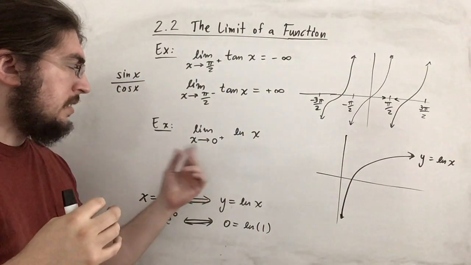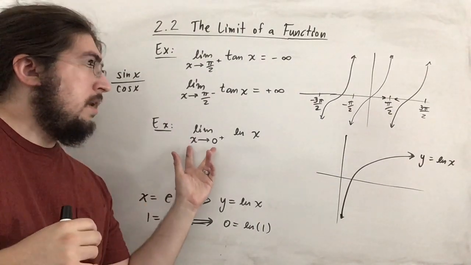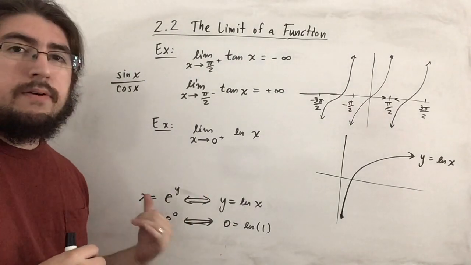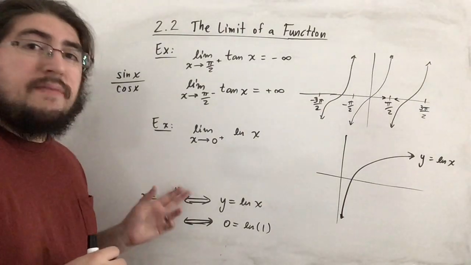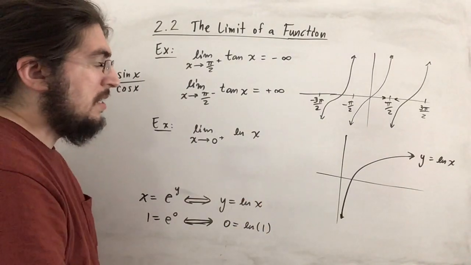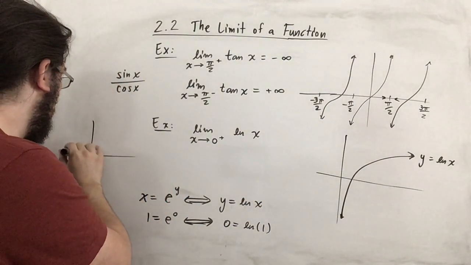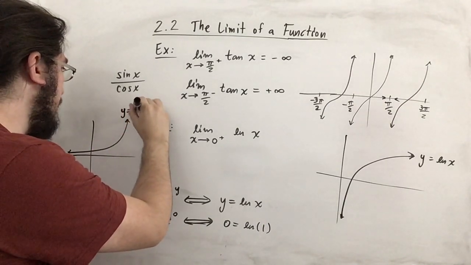But now the question is, what number will you plug into e that will result in 0? That's what ln of 0 is trying to tell us. Now, if you graph e to the x, so this, for instance, is a graph of y equals e to the x.